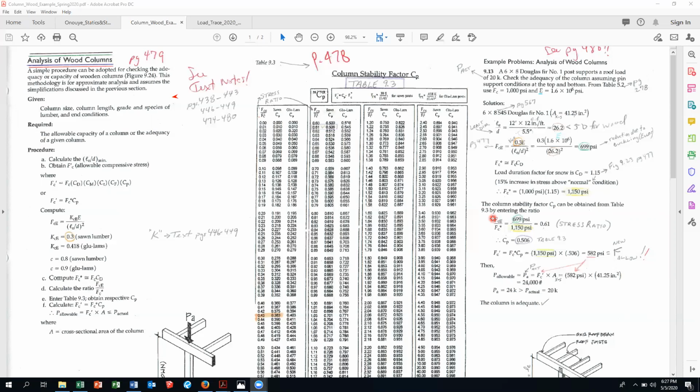And then I've still got the load trace from week 7. I still got to do that for everybody. And then I'll be able to calculate your final grades. So again, the final, I think I even put that on the email that I sent out. So you're going to see column analysis on the final.